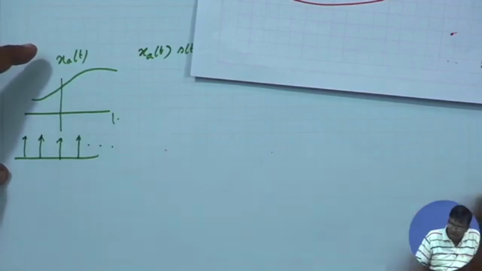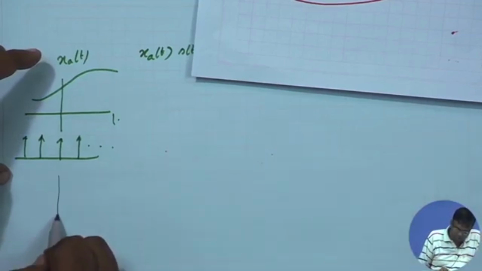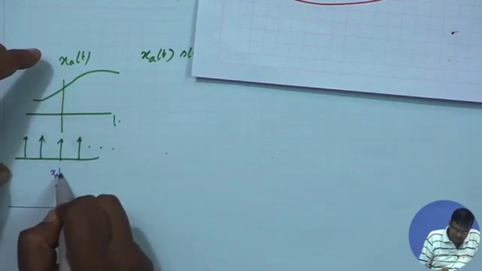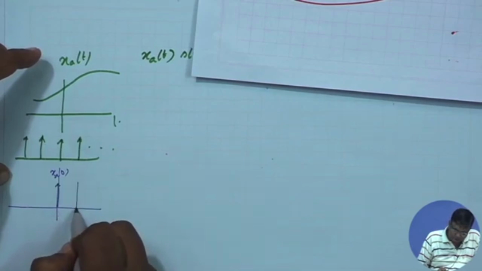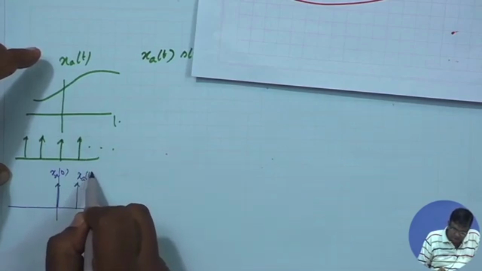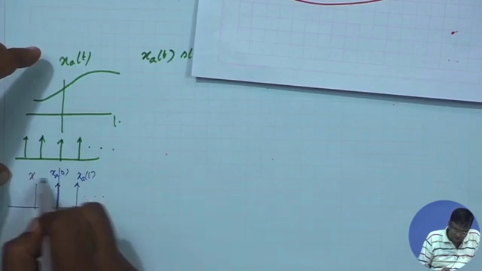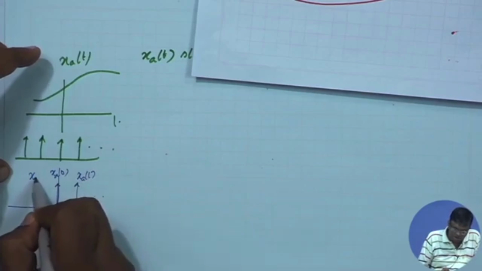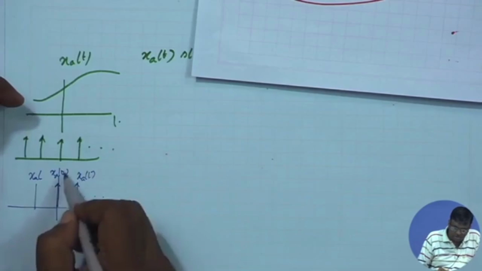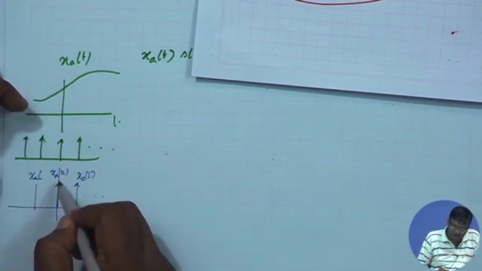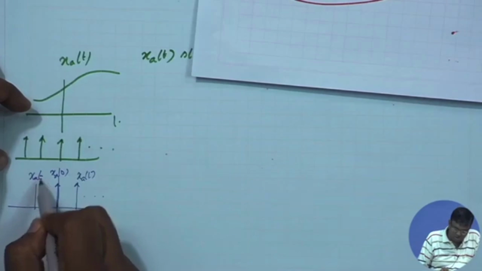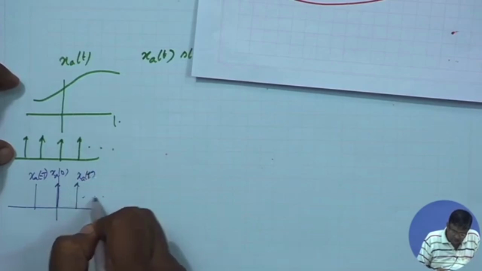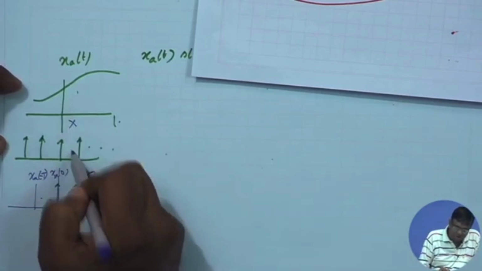If I multiply, I will get one impulse, but its height will be x a 0, then another impulse x a 1, like that. That is, if you integrate this, you will get x a 0. The area under that will not be 1, it will be x a 0, then x a 1, which is the strength. If you multiply these two, this into this, you will get this.